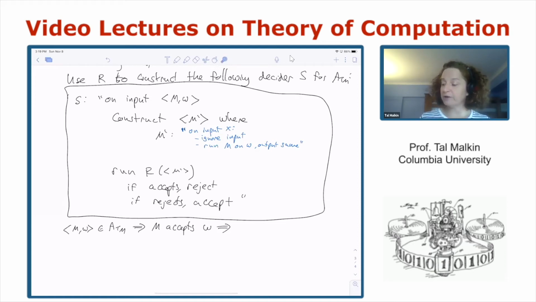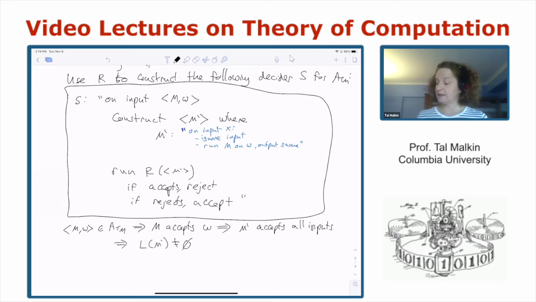M prime on every input X will always accept, because it just runs M on W, which accepts. Means M prime accepts all inputs. And in particular, the important part is the language of M prime is not empty. In fact, it's all strings. And since it's not empty, then by assumption, R on M prime rejects, and therefore my algorithm S accepts.